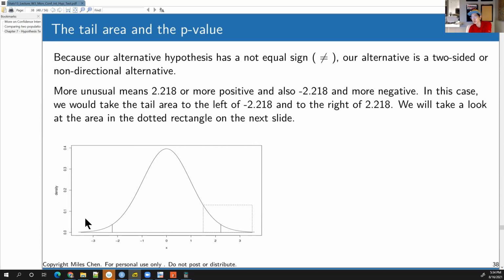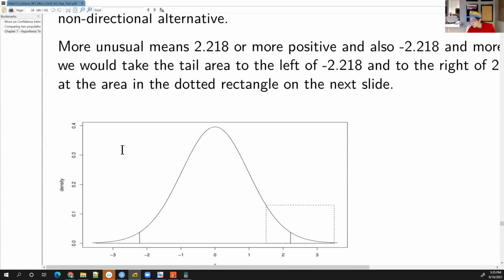The t distribution looks pretty much like the normal distribution. It just has wider tails than the normal distribution. Okay, and here this line is drawn at positive 2.218, and again we want the area to the right of positive 2.218. I also drew a line at negative 2.218, and we want the area to the left of negative 2.218.